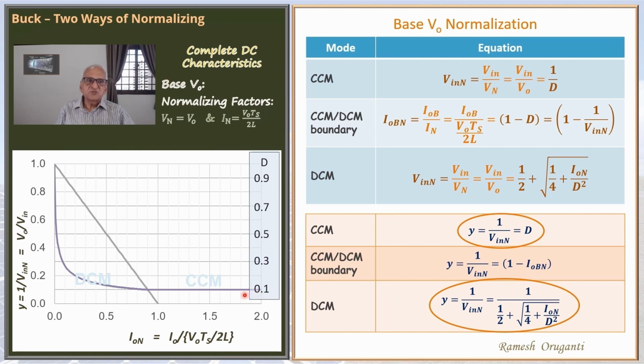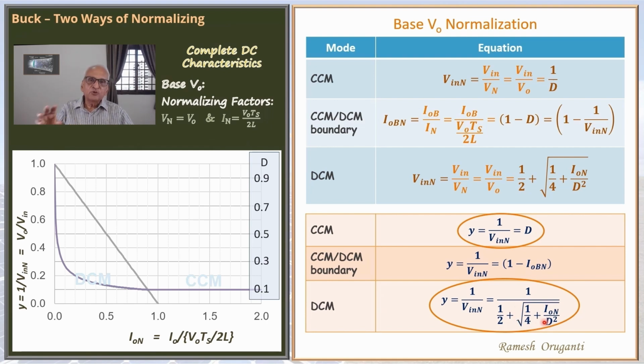This plot is made using this DCM equation. Here you can see that as I0N becomes smaller, the denominator becomes smaller and Y will increase. Y is V0 by Vin, so V0 by Vin will increase. And when I0N becomes 0 or goes close to 0, the term under the square root will go towards 1 by 4.